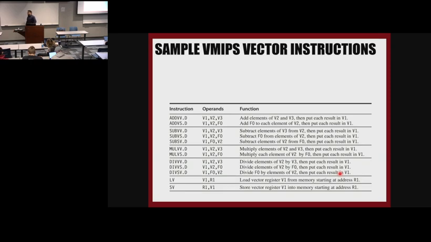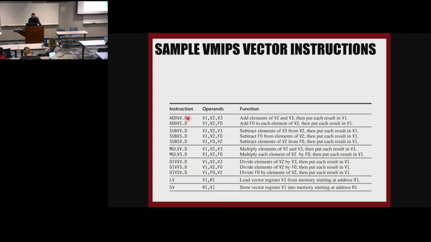Now let's look at some samples of the VMIPS instruction set architecture. If you remember, we had add.d, for example, for double precision floating point addition. Here we have this vector letter here. It's going to say addvv.d.